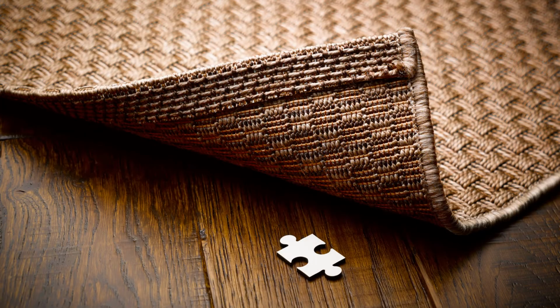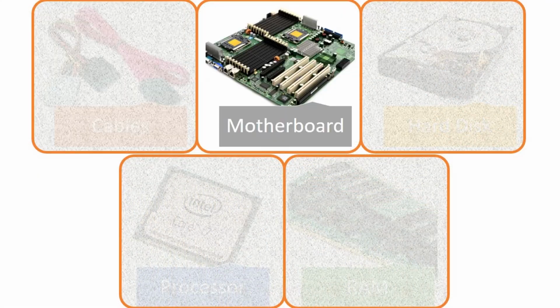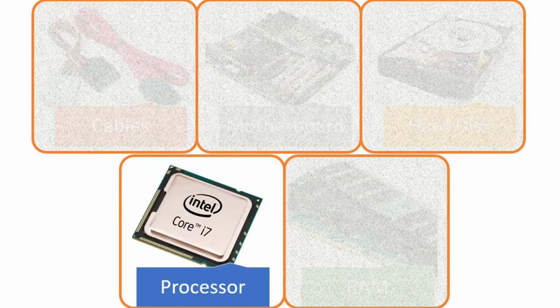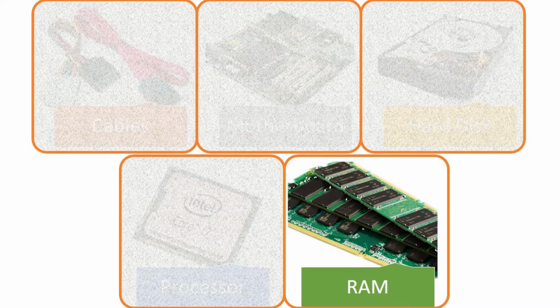Yes, all the visible components and even the components not visible to us, which are hidden inside the computer box such as cables, motherboard, hard disk, processor, RAM, etc. They are also examples of computer hardware.